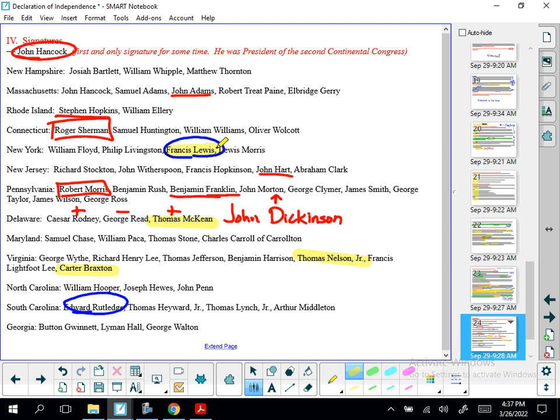John Hart, let's see if I can remember where John Hart is. Oh man, I can't find him. There he is. I have him underlined even, of New Jersey. His wife was dying in childbirth.